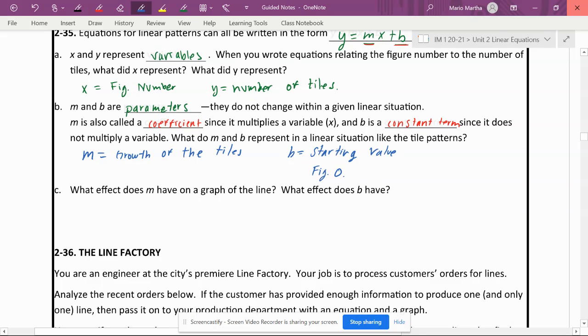And then what effect does m have on the graph of the line? And then what effect does b have? So remember, m is pretty much the way our graph changes, right? So how we get from one point to the next point. So this is how our line changes. And then b again is pretty much where we start on the y-axis.